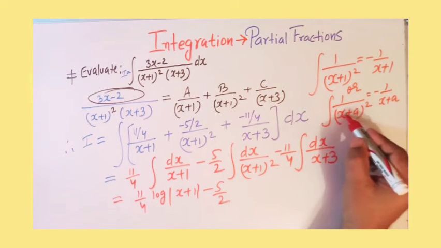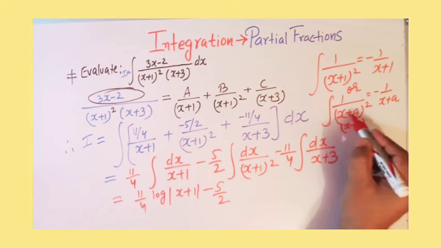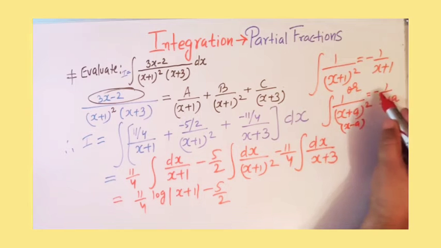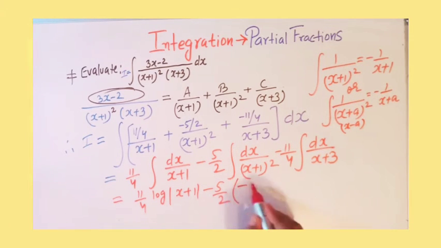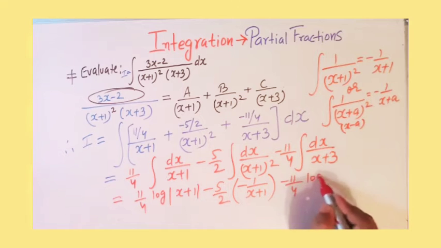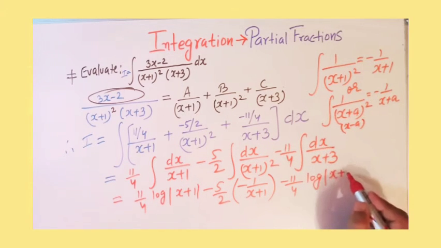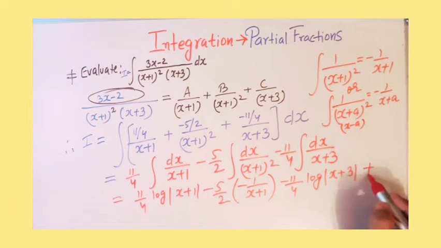So either we take x plus a or we can take x minus a. If here we have x minus a, then here we have minus 1 over x minus a. So here we have minus 1 over x plus 1, and here we have minus 11 by 4, and this is 1 over x plus 3. So this is log of x plus 3, and this is the constant of integration.